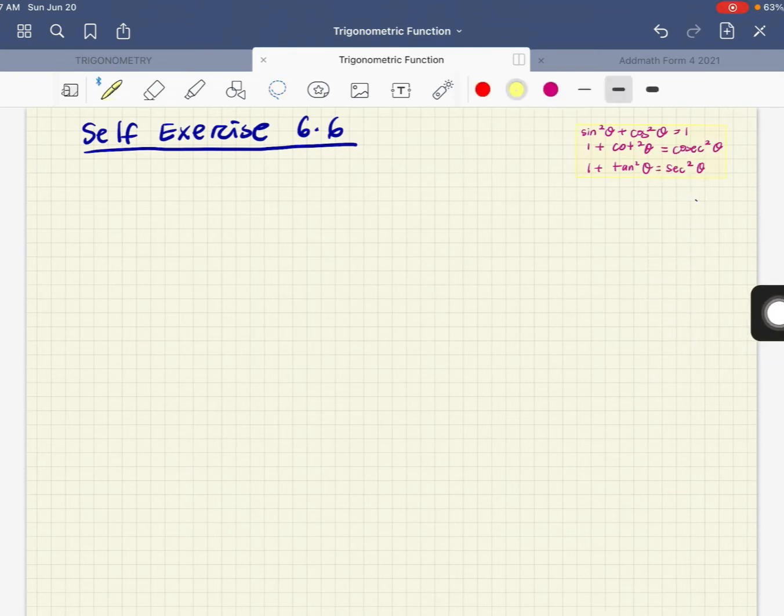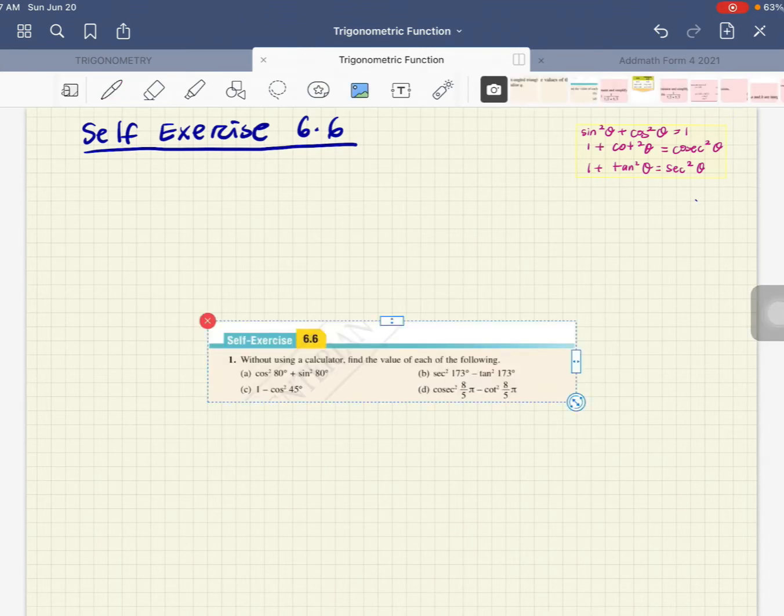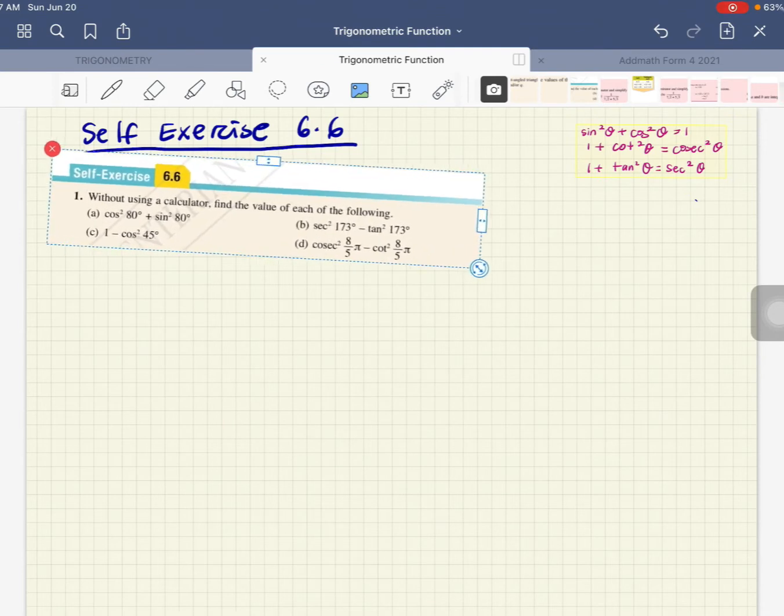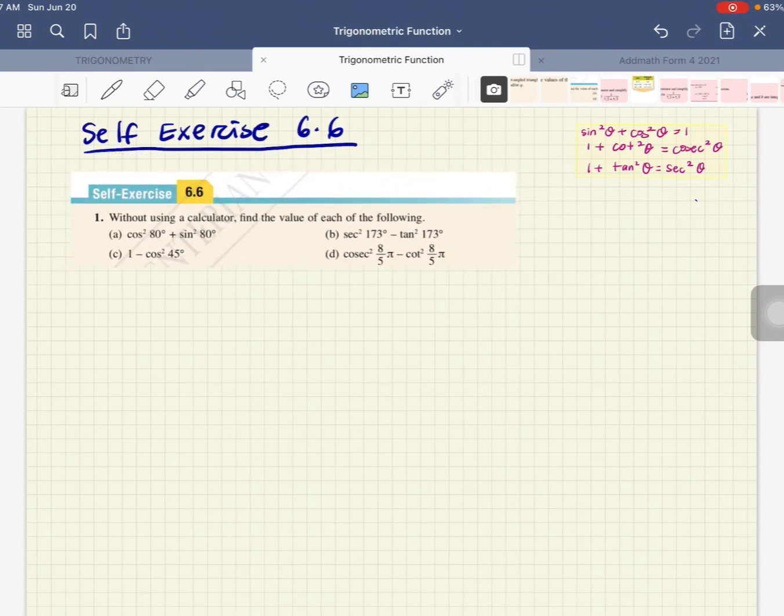Okay, so let's start. Question number 1 says: without using a calculator, find the value of each of the following. Question A, cos square 80 plus sine square 80. We know that the angle is the same.